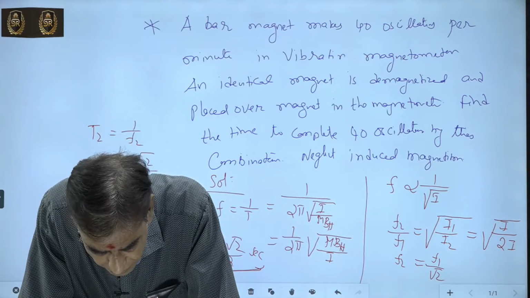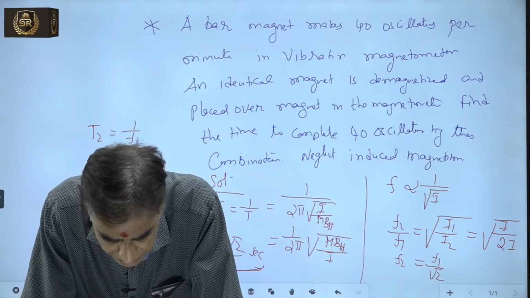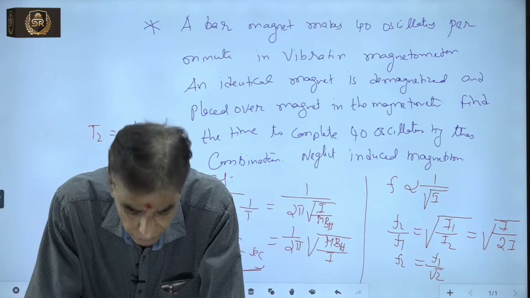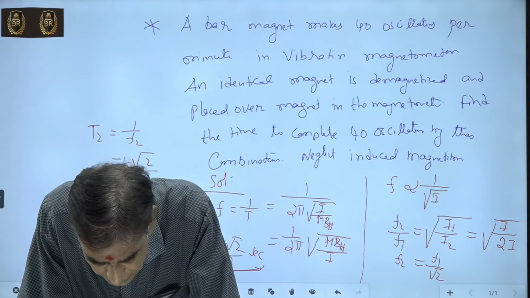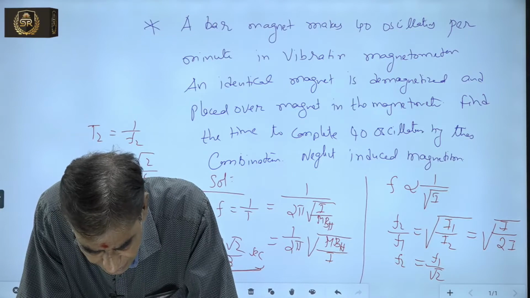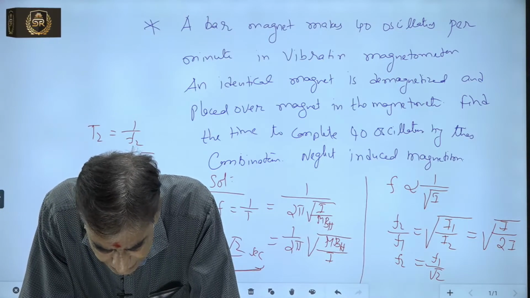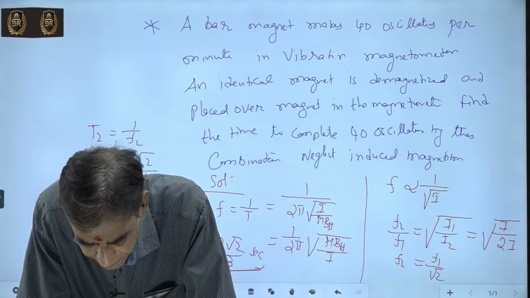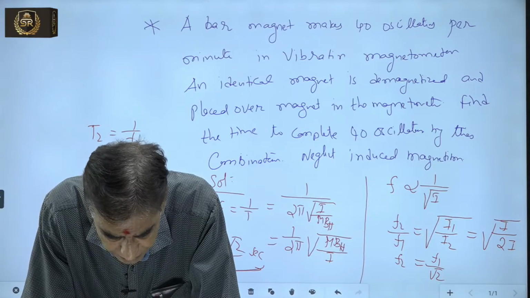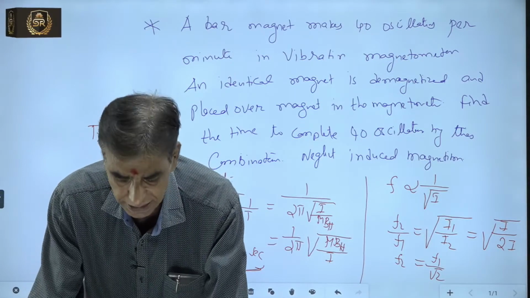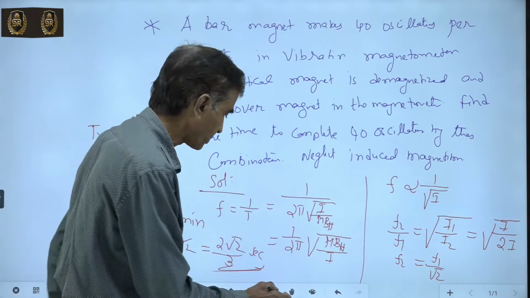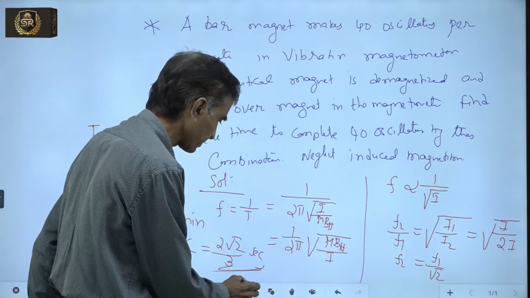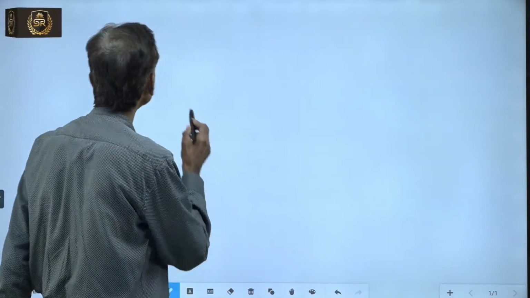An upward current of 18 amperes is established in the vertical wire placed 20 centimeter east of the magnet. Find the new time period. This is a very good question which we can expect in MHT-CET also.